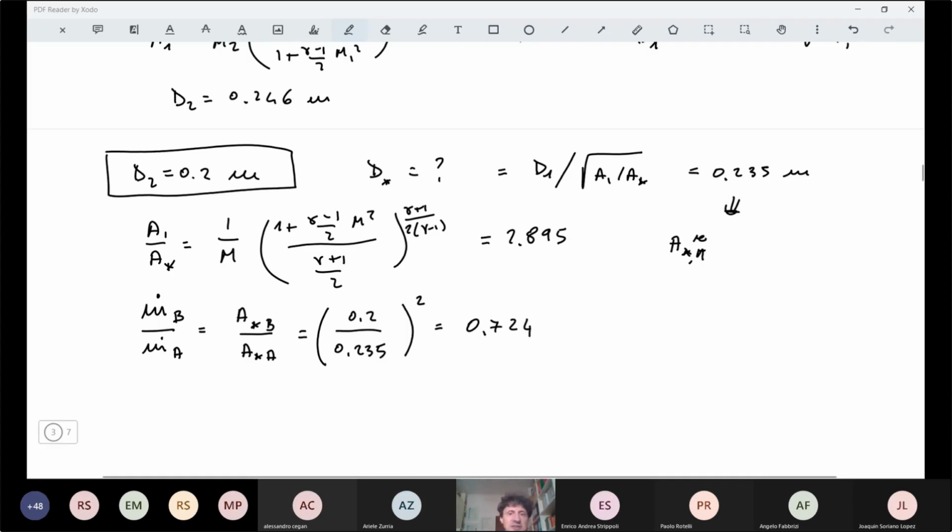So we have considered 72% of the initial mass flow rate.